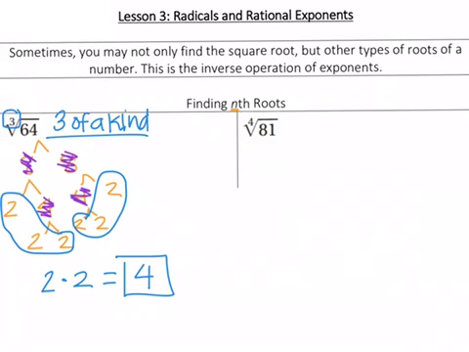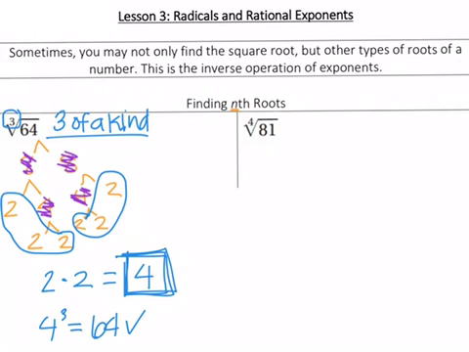To check our answer, we just have to do 4 cubed, which is the inverse operation of the cube root. So 4 cubed is 4 times 4 times 4, which is 64, so we know our answer is correct. The answer for the cube root of 64 is 4.